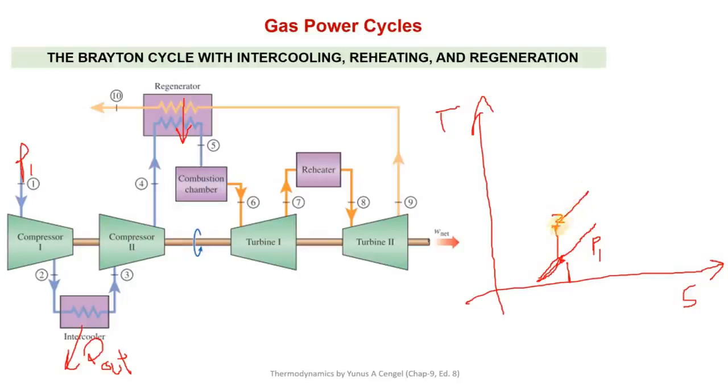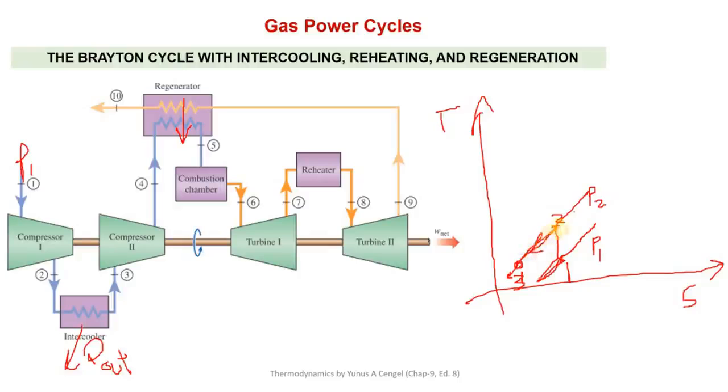So here you have another pressure line representing P2. Now at this point, at a constant pressure, it is intercooled, or there is a cooling process. So at point 2 its temperature will drop. For example, its temperature is dropped again to point 1 temperature, and that is point 3.